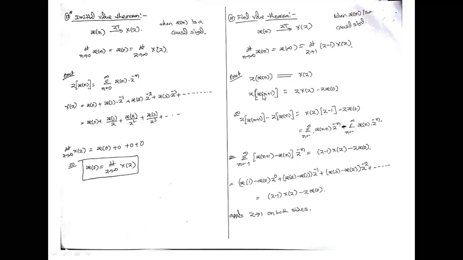The one-sided Z transformation is one-sided only, and x(n plus m) is a transformation towards the left side, while x(n minus m) is towards the right side.